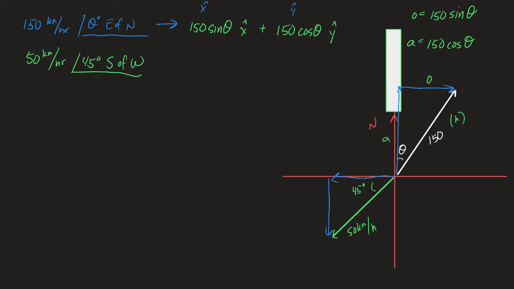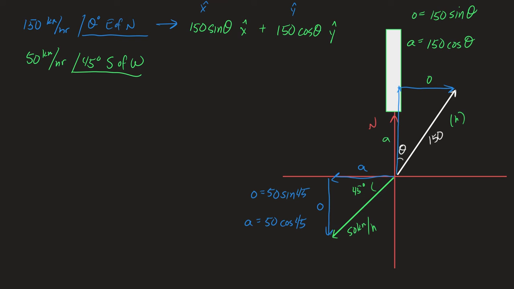I'm doing them on the same diagram to just conserve our time. But either way, I still say this is the opposite, this is the adjacent. And seems to me that the opposite is going to be 50 sine 45, and the adjacent is going to be 50 cosine 45.